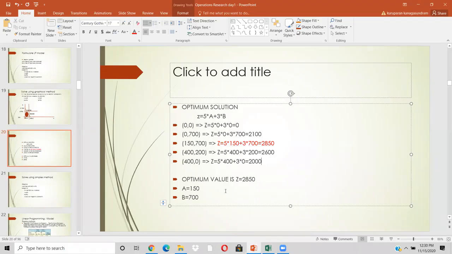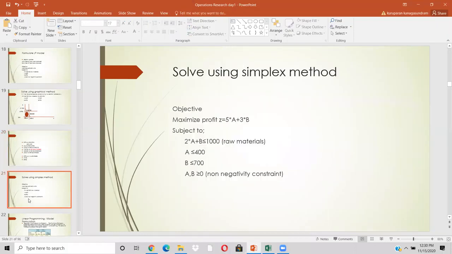Okay, then the optimum profit I can get is 2850. For which values of A and B? See the coordinates. A is 150 and B is 700. Okay, fine. That's the thing. We'll look on here.